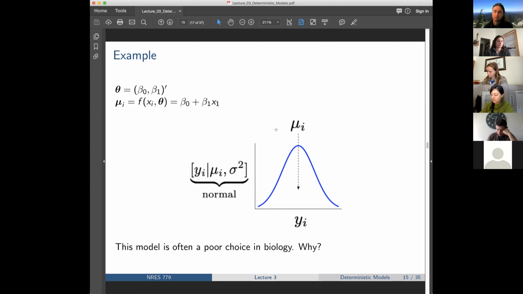That's what we're going to call the support of the normal distribution, meaning that any value between negative infinity and infinity has some small chance of being observed. Now, despite this being the most commonly used model in all of ecology, it's often a poor choice.